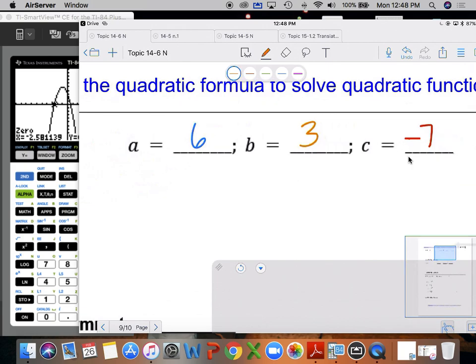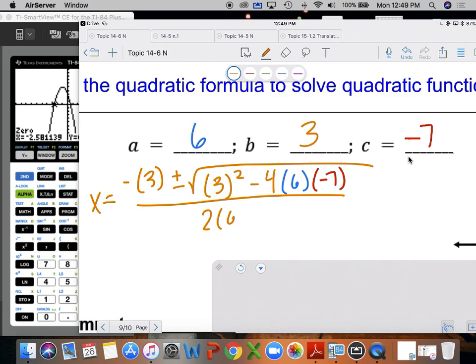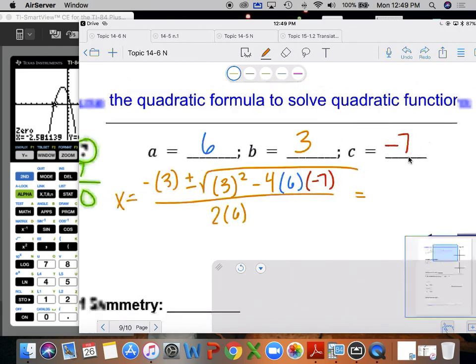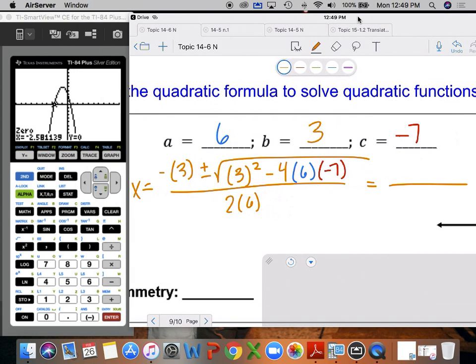So I plug in the opposite of B, plus or minus the square root of b squared minus 4ac all over 2 times a. And again, if you notice, all I do is plug in, and every time I plug in a number, I put parentheses around it, whether or not it needs it.